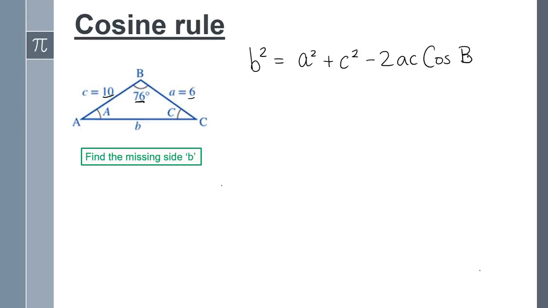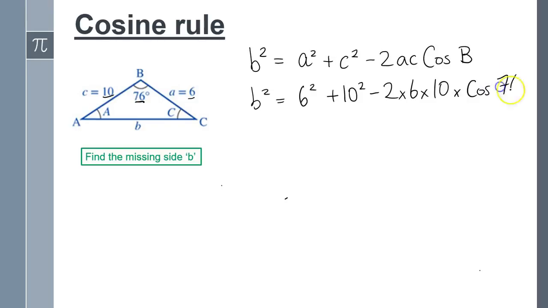And then it's just a matter of subbing it in. So we don't know what B is. We do know what A is. A is 6. C is 10 minus 2 times 6 times 10 times cos of 76. Now that can go in the calculator and then you can find the square root, or you can do it in one go.